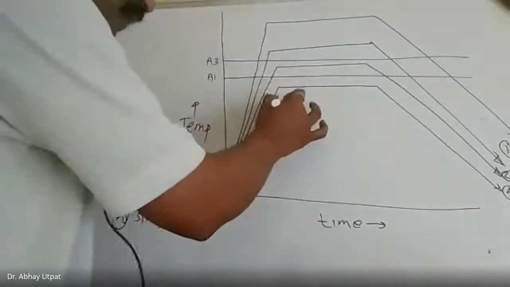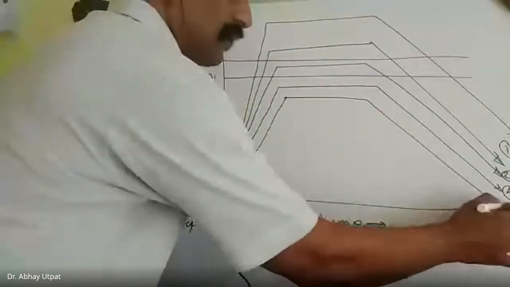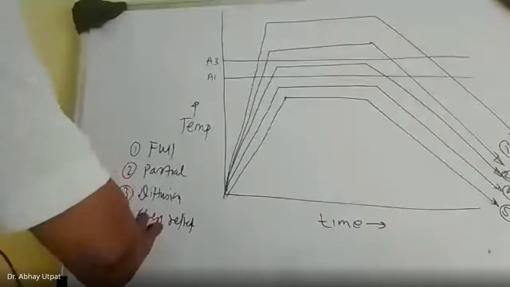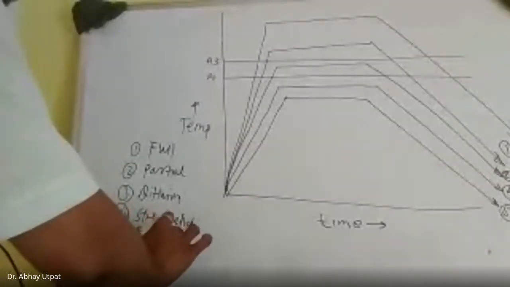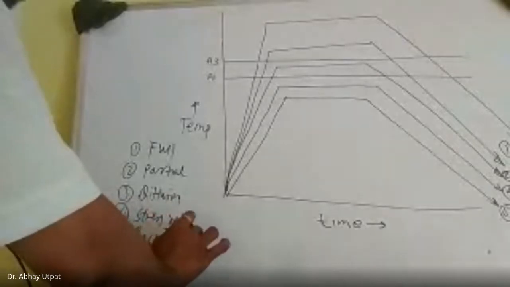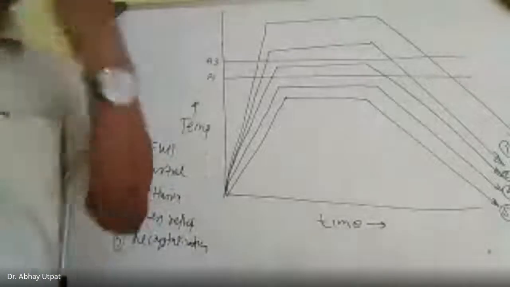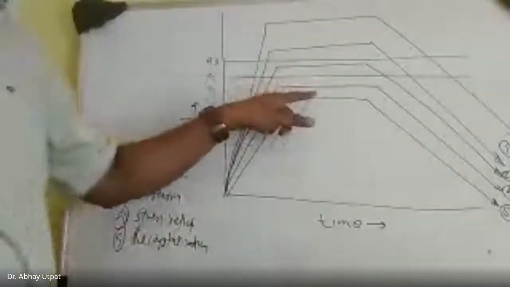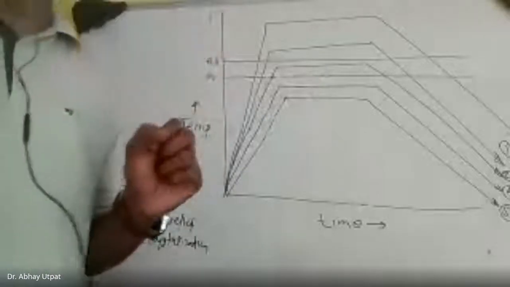A similar curve applies for recrystallization annealing. So number 4 and number 5 are called subcritical treatments.